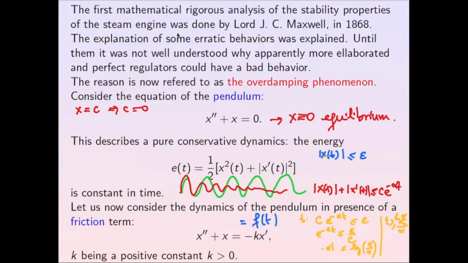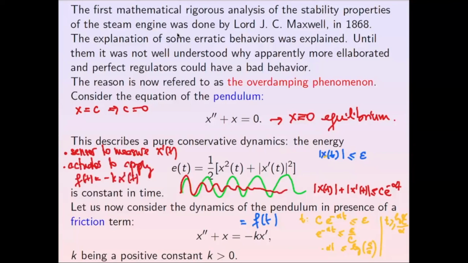Okay, so you see that here we need a sensor to measure x prime of t, and we need an actuator to apply the force minus K x prime(t), right?